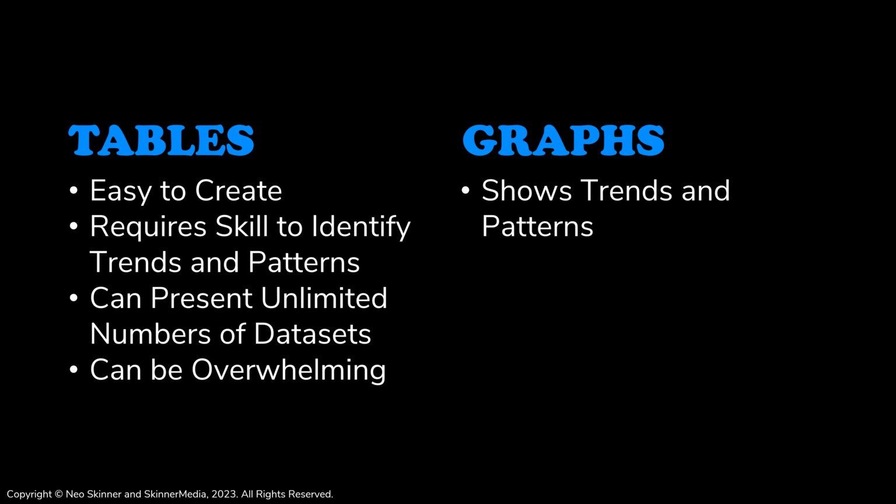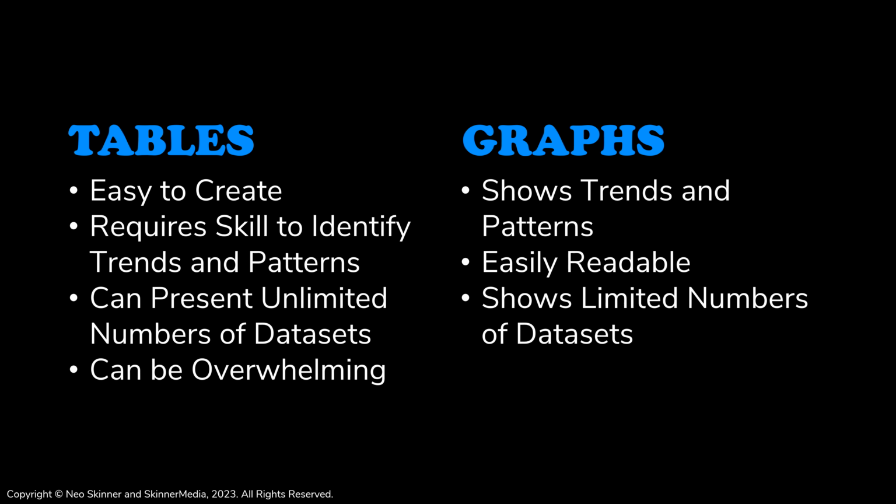So, graphs show trends and patterns. Very, very ideal for doing that. However, those trends and patterns aren't easy to see once they've been plotted straight away. Normally, that data needs to be manipulated to show those trends and patterns on a graph. But graphs are easily readable once they've been plotted, but they show a limited number of data sets.